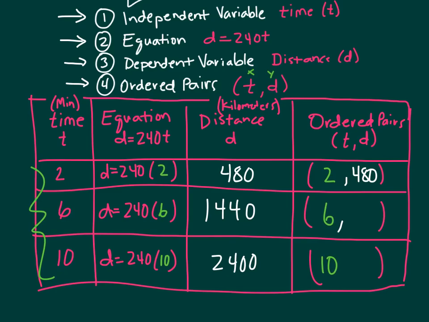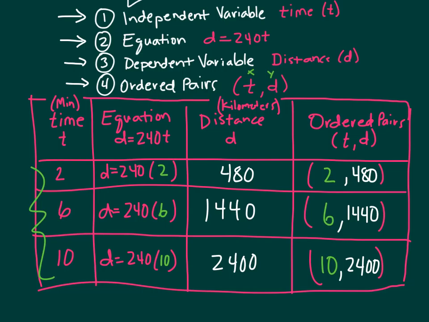My distance that it travels at 6 minutes would be 1,440 kilometers. And my distance that it travels at 10 minutes would be 2,400 kilometers. Sorry, I think I said minutes before, too. Too much math today. All right. So those are my 3 ordered pairs.